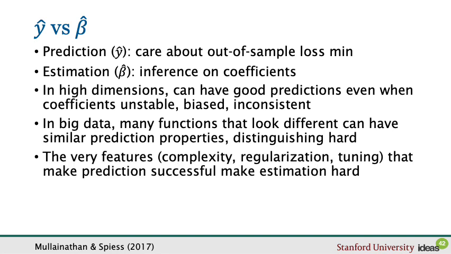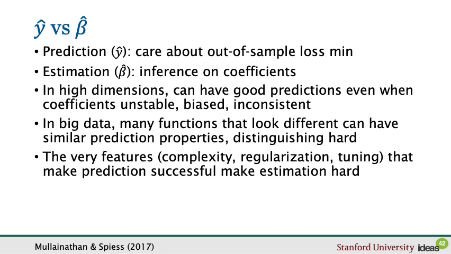So my big takeaway here is that the very features, meaning the complexity, the regularization, and the tuning that machine learning brings in, that make predictions so successful also make estimation hard, because they make it much harder to understand coefficients well. They make it harder to interpret them well because of bias.